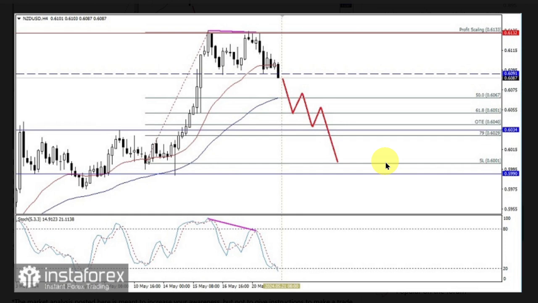Even though on the 4-hour chart the 20 EMA of the commodity currency pair is above the 50 EMA, which indicates that buyers still dominate the current market, the appearance of divergence between kiwi price movements and the stochastic oscillator indicator gives a hint that in the near future NZDUSD has the potential to correct to weaken.